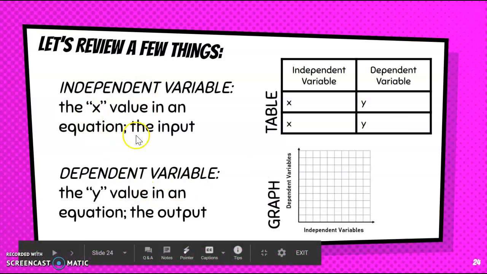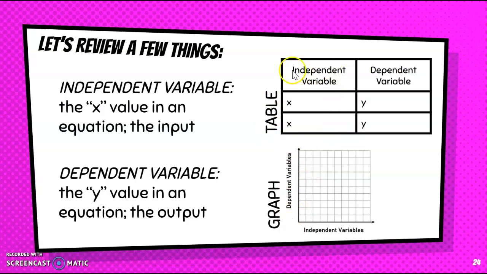Our independent variable is always our x value or the input, and it's always going to go at the bottom of the graph along the x-axis. Our dependent variable is the y or the output, and it always goes on the y-axis. On the tables, our independent's always going to be on the left, and our dependent's always going to be on the right. So x is on the left, y is on the right.